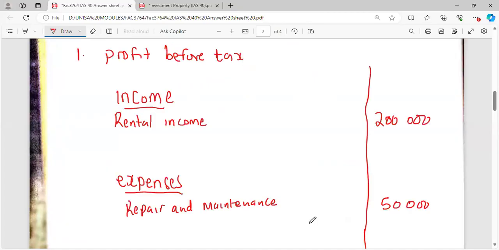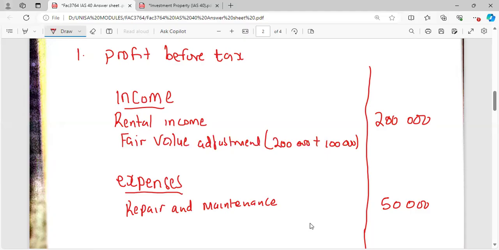So you just go again and take the fair value as income, which is going to be 200,000 plus 100,000, 300,000. So that's how you have disclosed your fair value adjustment.